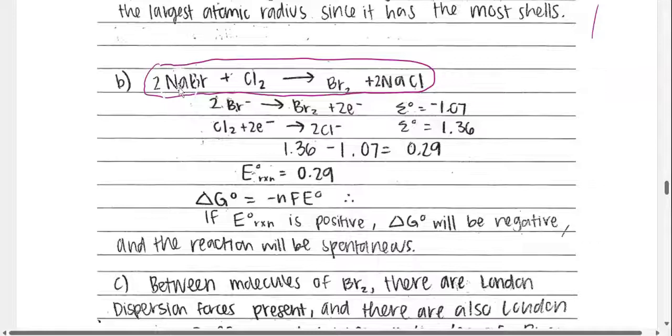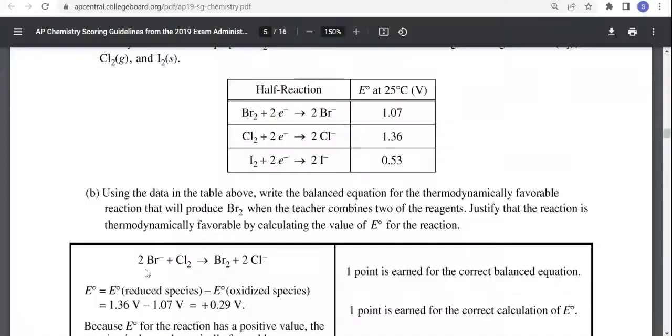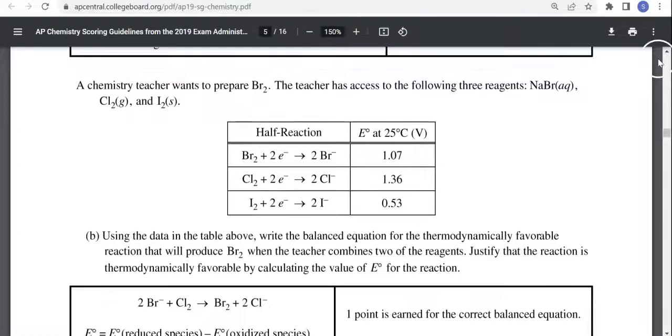If we wrote the net ionic equation, which would cause the Na plus ions to be spectator ions, we would still produce this equation. And it does tell us that the teacher has access to NaBr, Cl2, and I2.